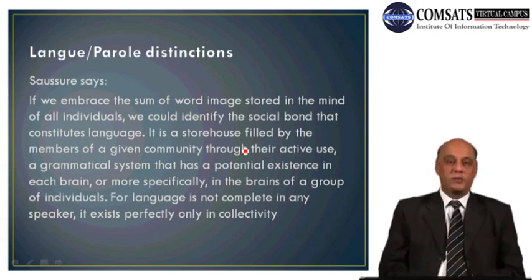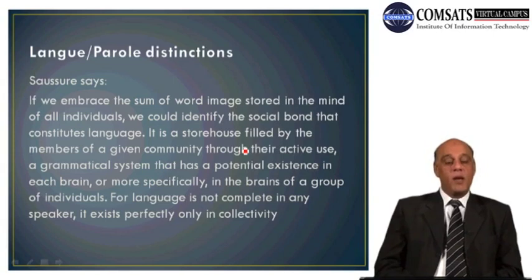It is a storehouse, basically, filled by members of a given community through their active use, a grammatical system that has a potential existence in each brain, and more specifically in the brains of a group of individuals. For language is not complete in any speaker, it exists perfectly only in collectivity.